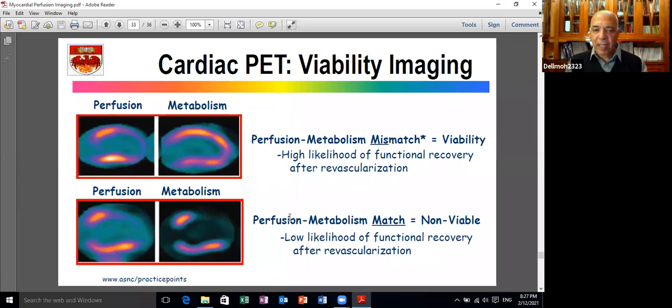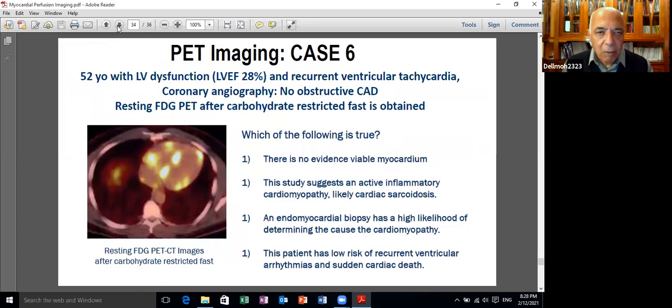But if you get a match, no perfusion, no metabolism, then this is a non-viable myocardium, and the likelihood of recovery will be low. These are the important things that I wanted to make sure that you understand. And now we will move to another subject, which is the value of PET imaging in another situation. As you said, PET imaging is one of the gold standards by which we can detect viability.